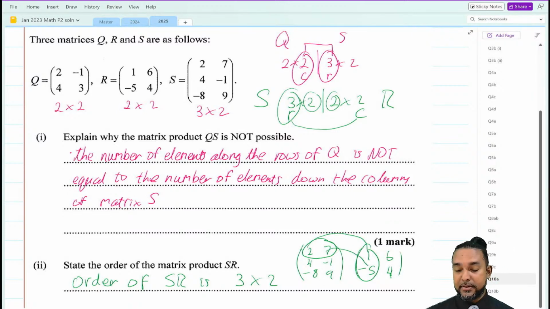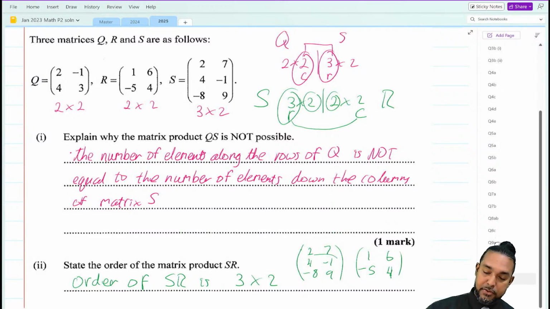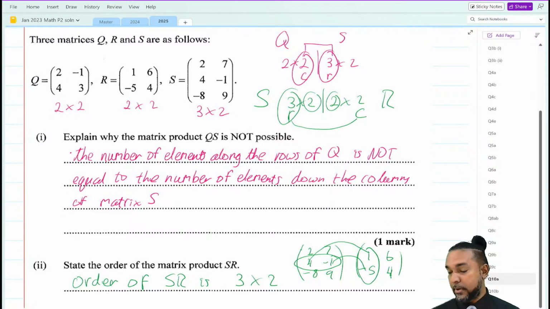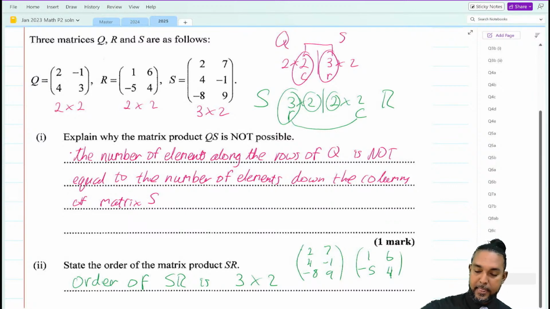Each element along the row in matrix S is matched up against one and only one element in the columns of matrix R. And you could repeat it for any of the rows. This row has 2 elements, and this column has 2. So the 4 will multiply by 1, and then minus 1 by minus 5. Then minus 8, 9, and 1, minus 5 can match up: minus 8 by 1, 9 by minus 5. So that's why they can be multiplied.